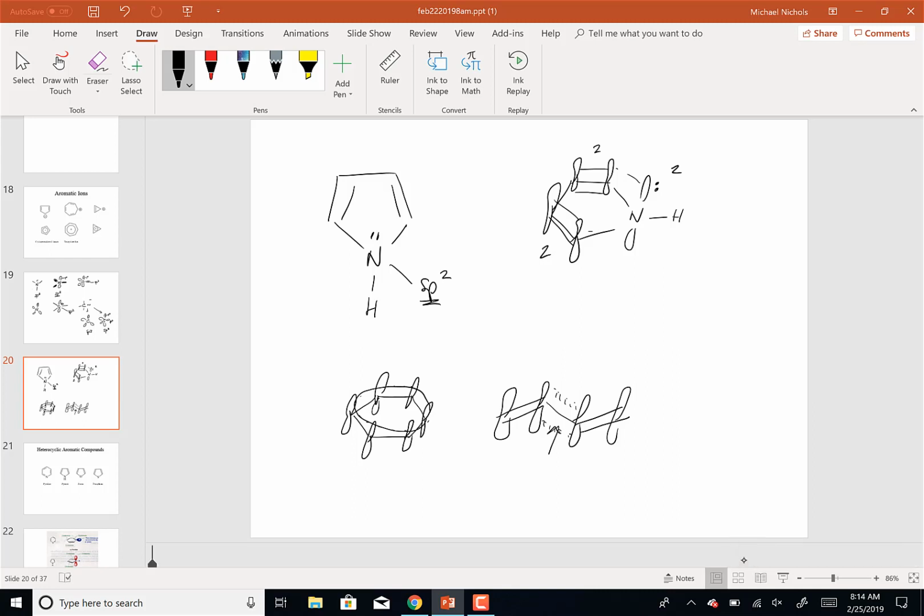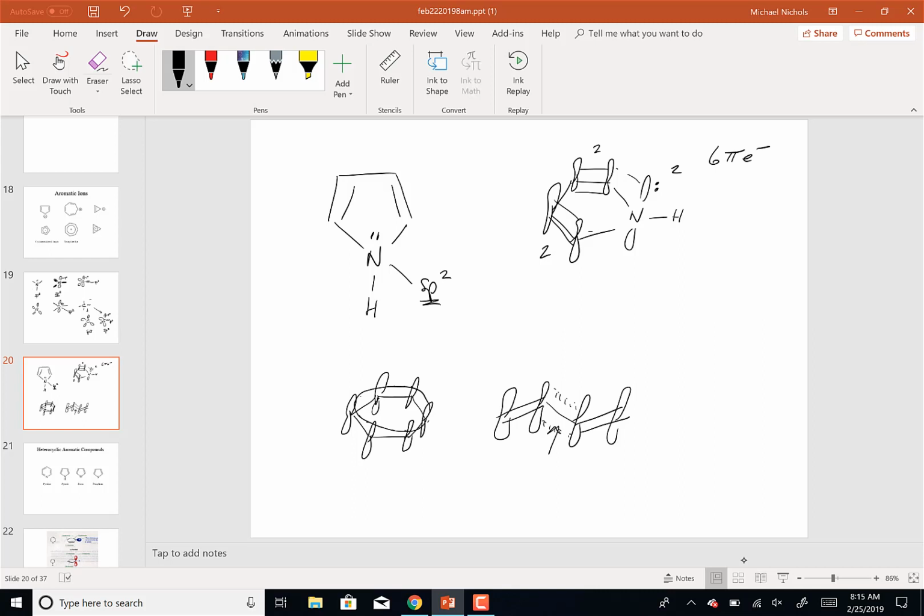So how many electrons are there? There's now 6 pi electrons. So not only did the nitrogen fulfill rule number 1, which is all the atoms have to be sp2, but it now made the complete pi system with 6 pi electrons, which means that this pyrrole molecule is aromatic.